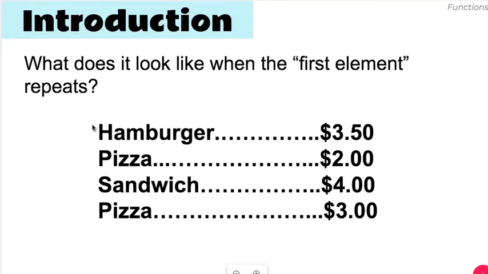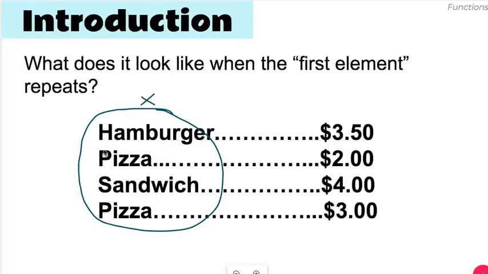But let's take a look at what happens when they do repeat. So I have a hamburger for $3.50, pizza for $2, a sandwich $4, pizza $3. If I look at my first value, the first elements, the X coordinates, do you see pizza twice?